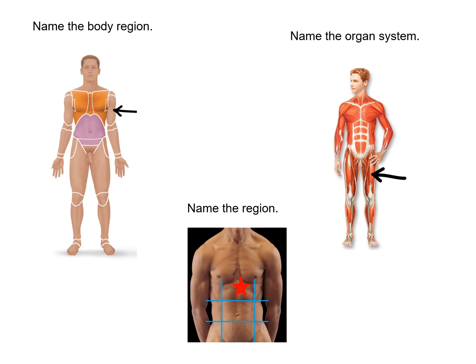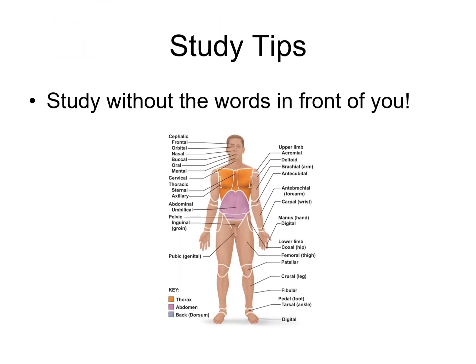So you know how you're going to be tested. Let's discuss how you should prepare for this type of test. If you're going to be tested without the words in front of you, do you want to study with the words in front of you? Absolutely not. If you're going to be tested without a word bank, you want to study without a word bank.